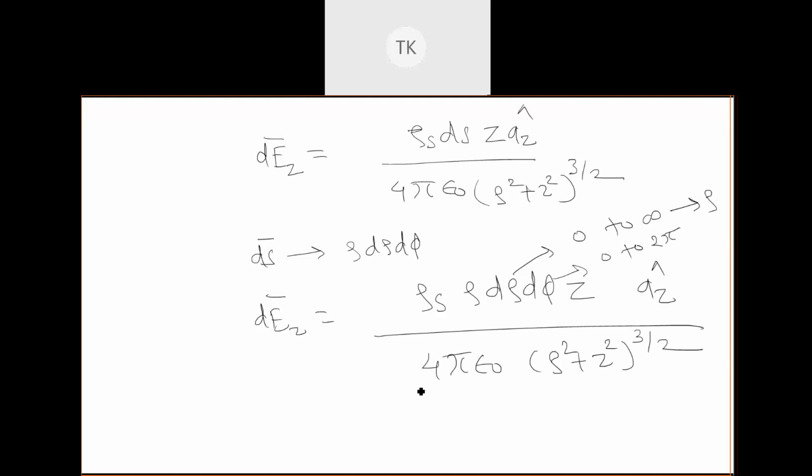So we need to integrate this expression within these limits, so we will get the total electric field intensity at point P due to the entire surface charge distribution.